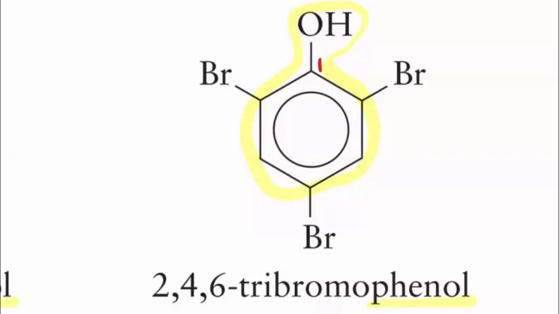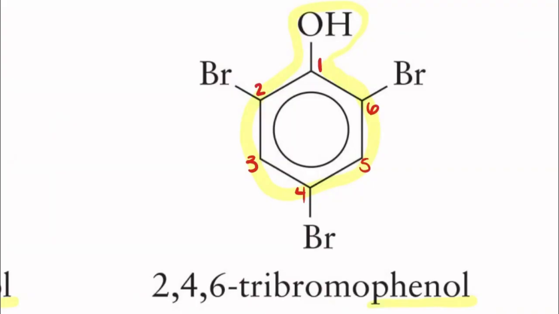This is carbon 1, and we can go 2, 3, 4, 5, 6 either way. This is another example in which it doesn't matter if we number it clockwise or counterclockwise. So it depends on the molecule given. In this case, I'm going to number it counterclockwise: carbon 2, 3, 4, 5, 6.